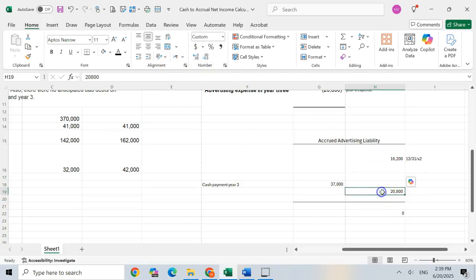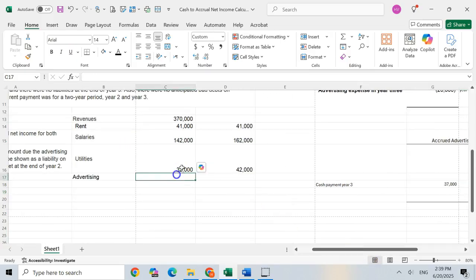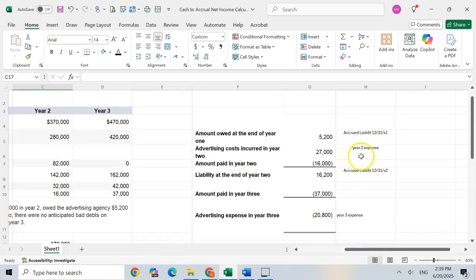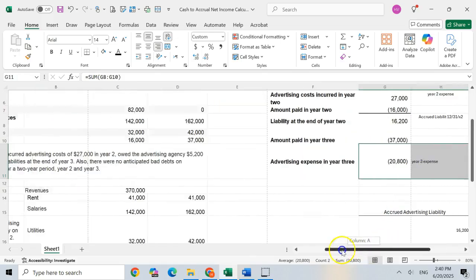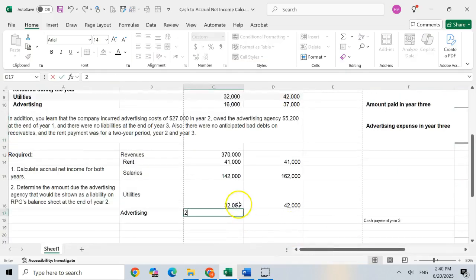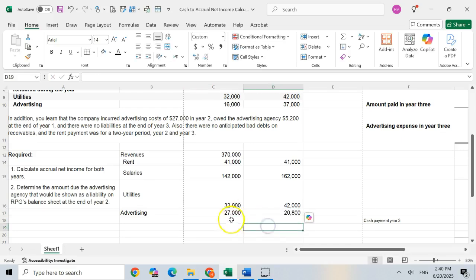So I would have a credit to accrued advertising liability, and that must mean that my debit was to advertising expense. Therefore, advertising expense was $27,000 for year 2 and $20,800 for year 3. So let's put $27,000 for year 2 and $20,800 for year 3.